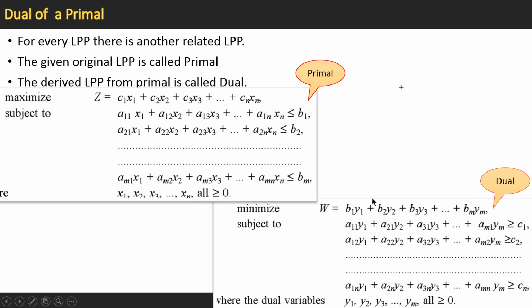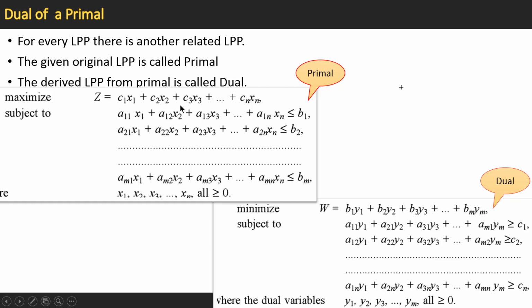The question may be asked as true or false: the right hand side of the constraints in the primal LPP becomes the coefficients in the objective function of the dual LPP. So yes, it is true.